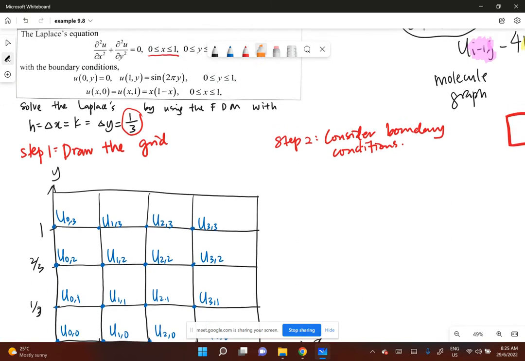When I write u(x, y), if here u(0, y) equals 0, that means when x is 0, the value of u is 0.